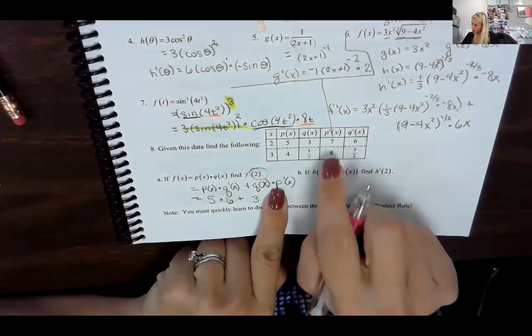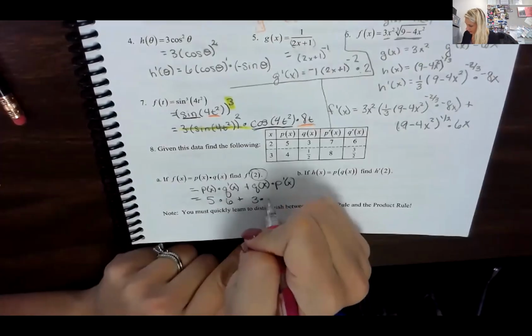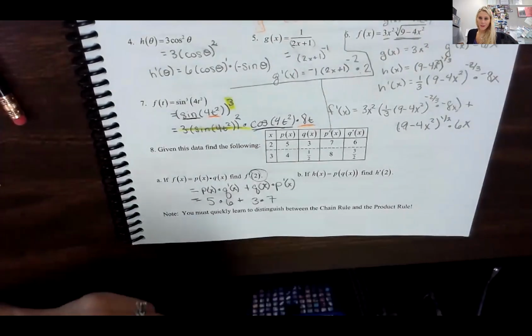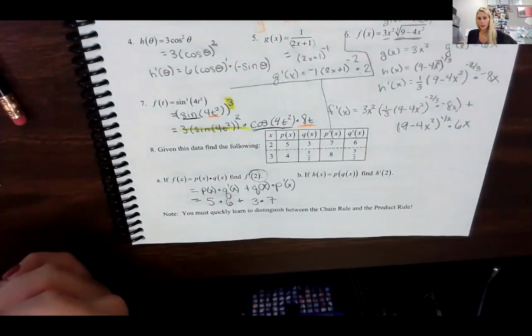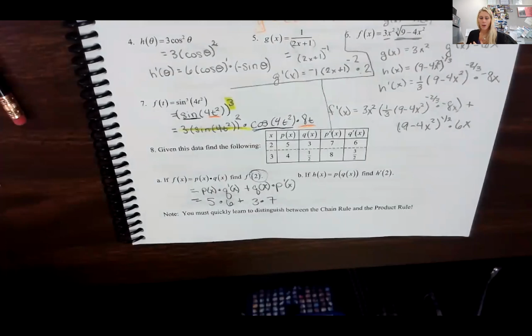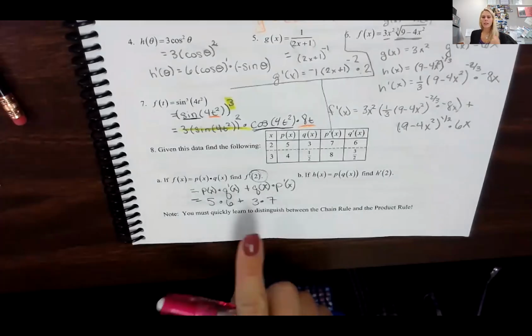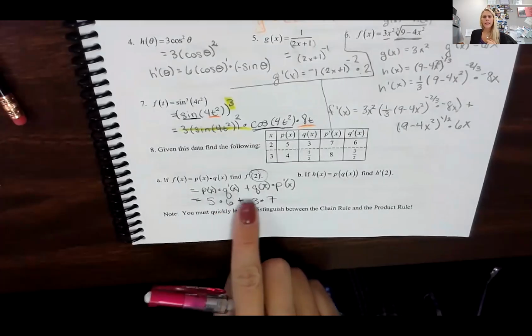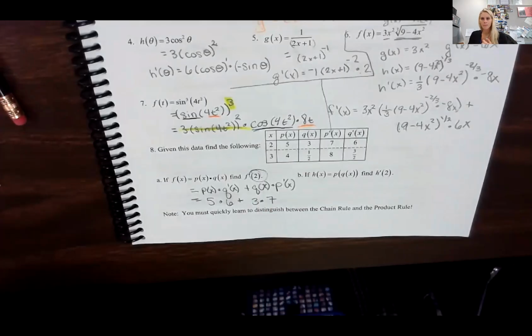And P prime of 2 is 7. You know what's great about this? If this were an FRQ question, that is your answer, and we are done. We do not need to calculate that. But if it's a multiple choice, it's probably going to be put together. 30 plus 21 is 51. So our answer would be 51.